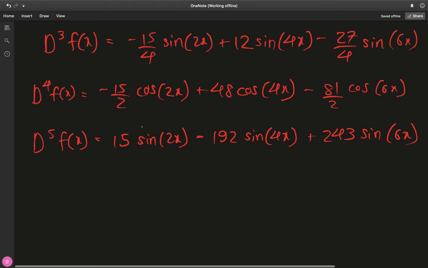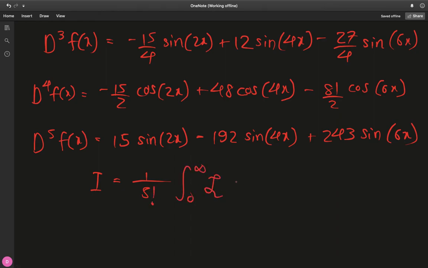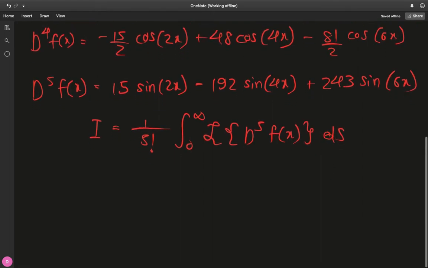Now we can actually plug this back into our identity, our property. Basically I is 1 over 5 factorial times the integral from 0 to infinity of the Laplace transform of the fifth derivative of, in this case, f of x, ds. So whatever Laplace transform we take, we have to end up in a domain of s.